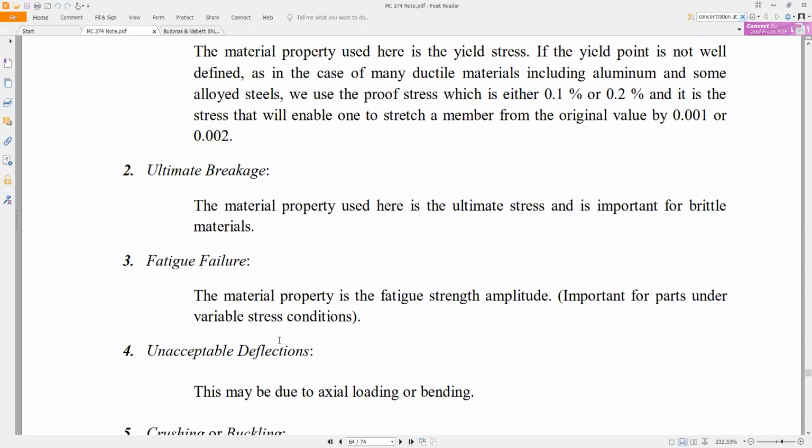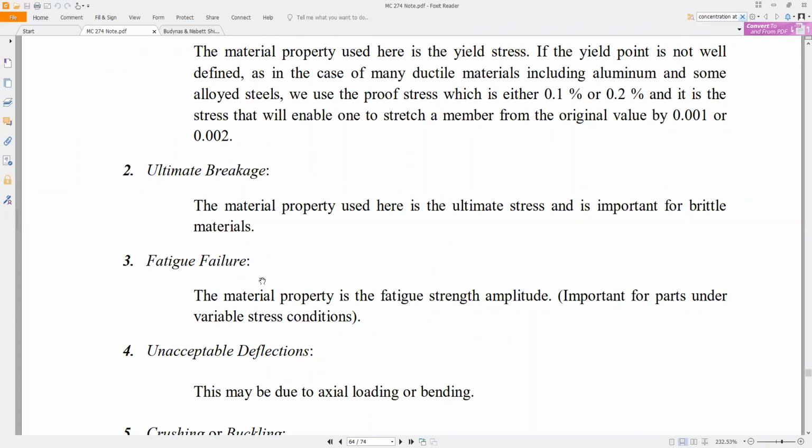The material property is the fatigue strength amplitude, which is important for parts under variable stress conditions. So variable stress conditions here are when we have, let's say, cyclic loading in the member. And in such a situation, you see that the load is applied on the member and it's released.